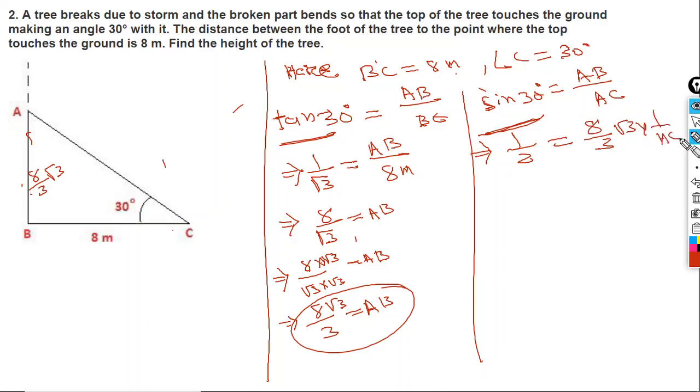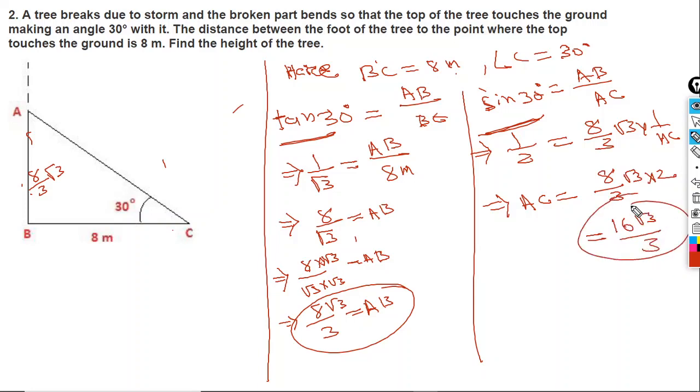This implies AC will be equal to 8 by 3 root 3 into 2, just cross multiply it, which will be equal to 16 root 3 by 3.